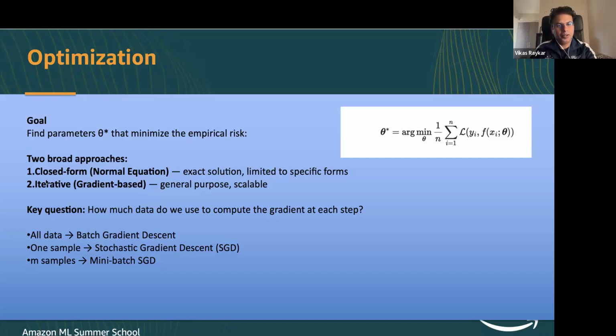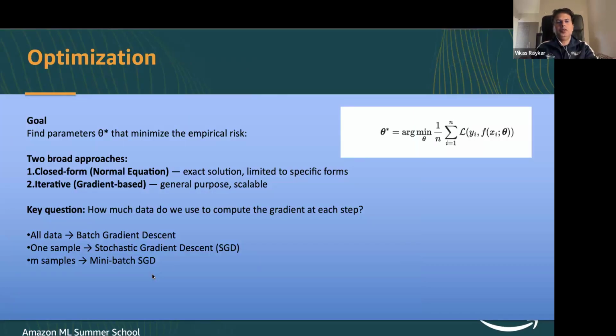But these days, most likely we don't use closed forms too much. Essentially, what we are going to discuss in the slides are gradient descents, and within them there are different variants: batch gradient descent, stochastic gradient descent, and mini batch gradient descent, which will be clear in the next few slides.